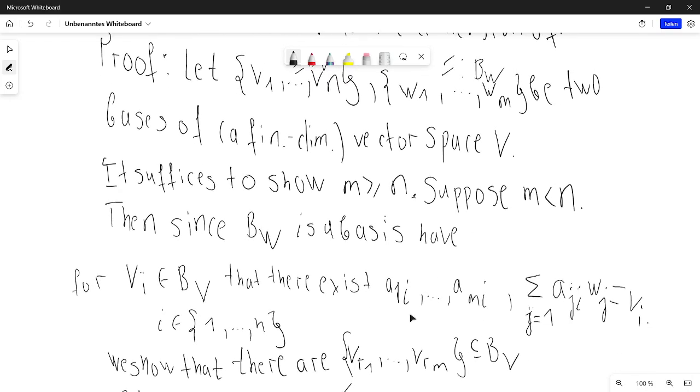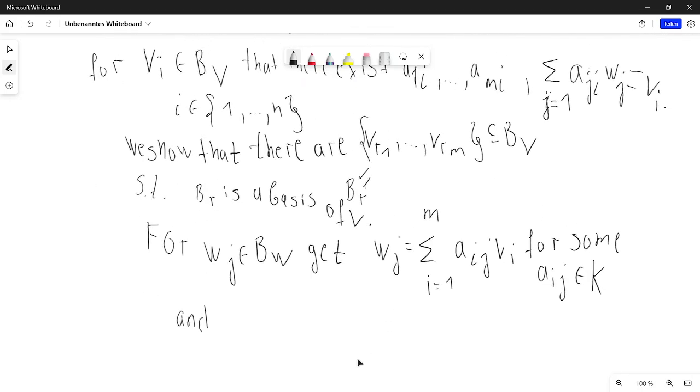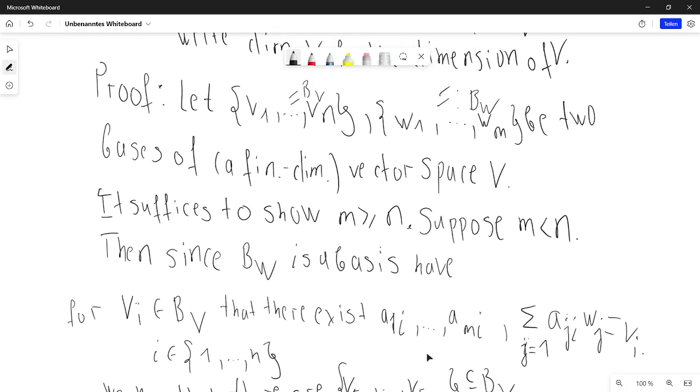We have two bases and we have to show that the numbers of vectors in them are actually equal.